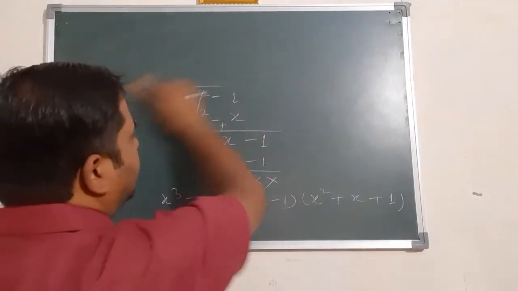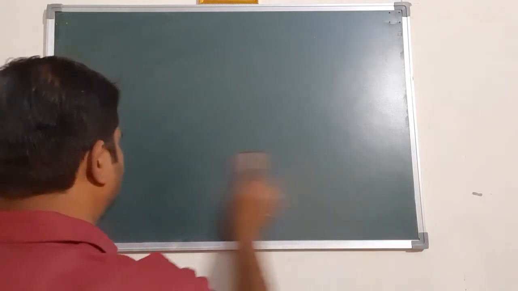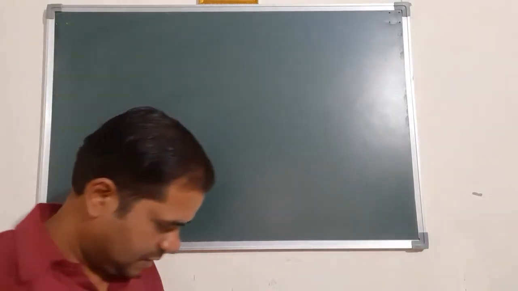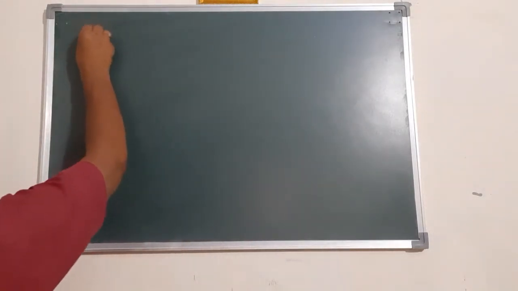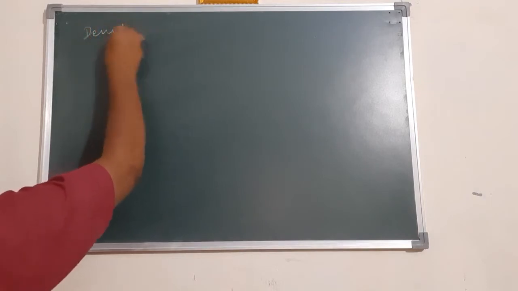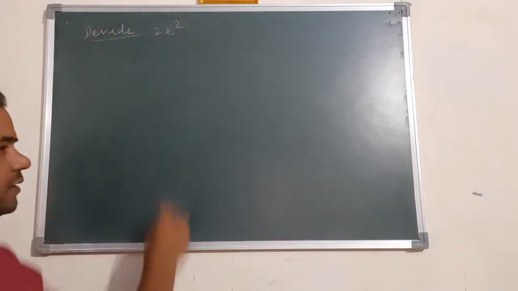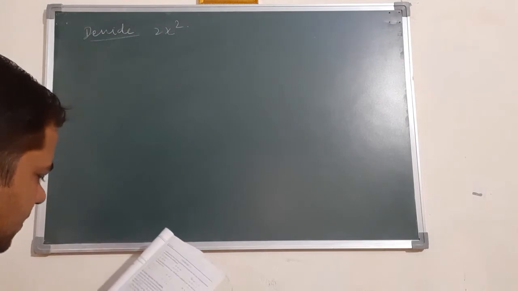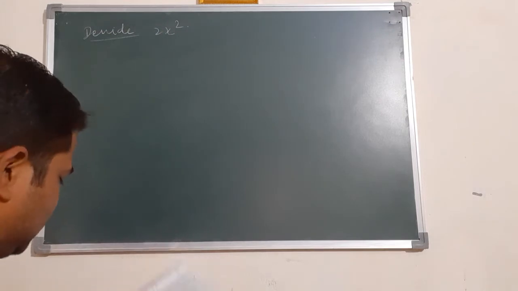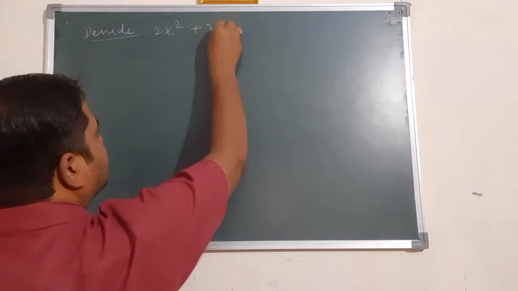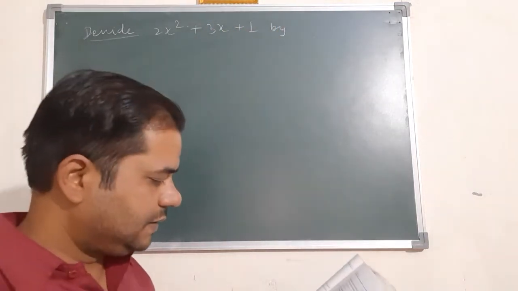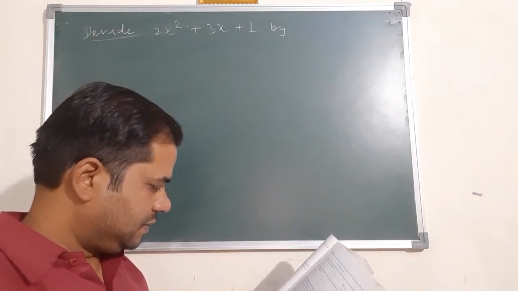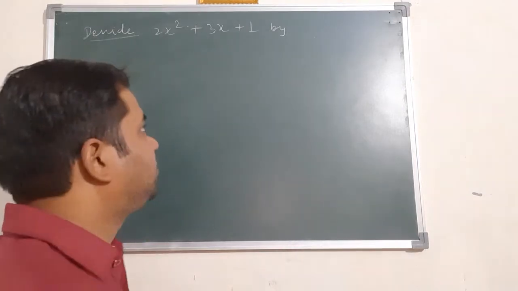Now the next question is: divide 2x square plus 3x plus 1 by x plus 2.